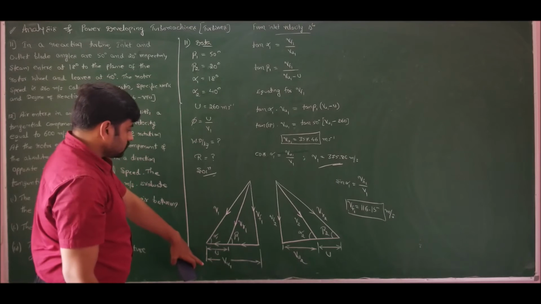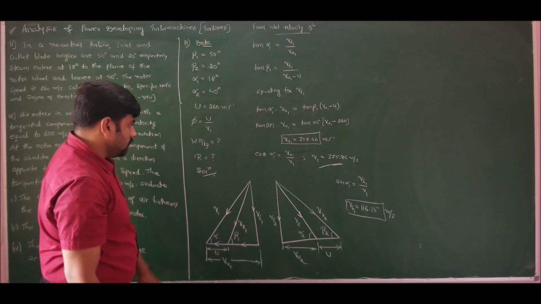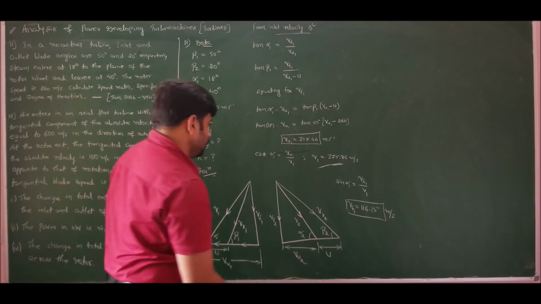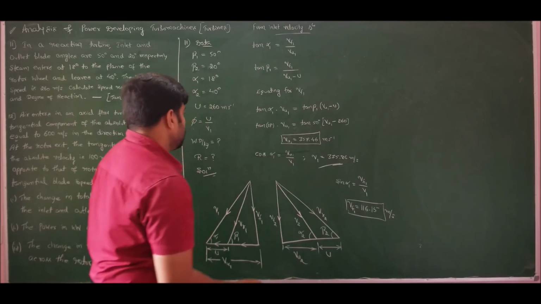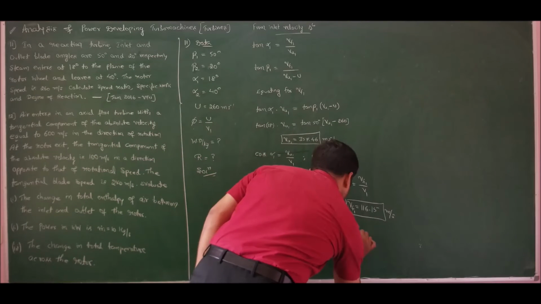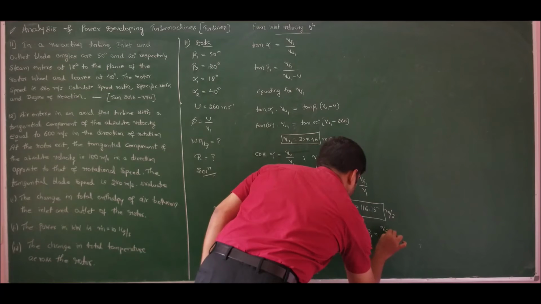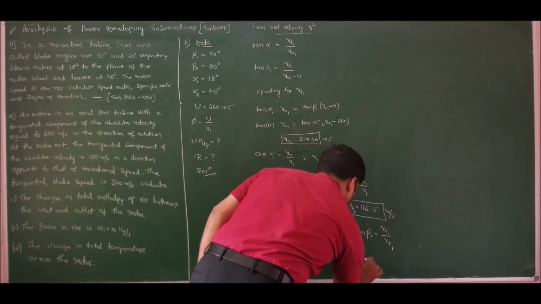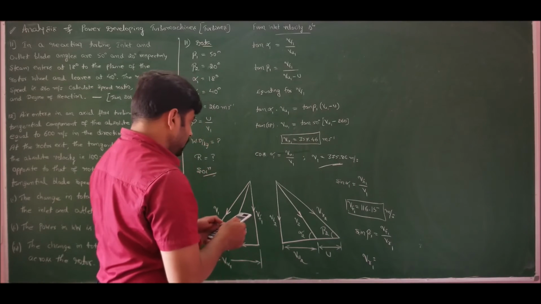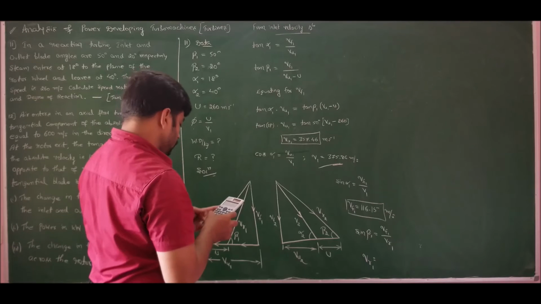We have calculated Vu1, Vf1 and V1; alpha 1 and beta 1 are given, and U is also known. Now find Vr1. Using sin beta 1, which is Vf1 by Vr1, the value of Vr1 will be Vf1 by sin of beta 1, where beta 1 is 50 degrees.